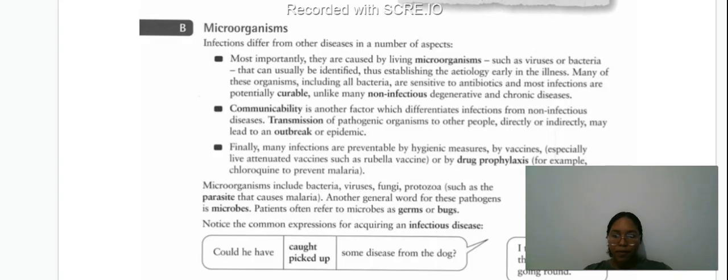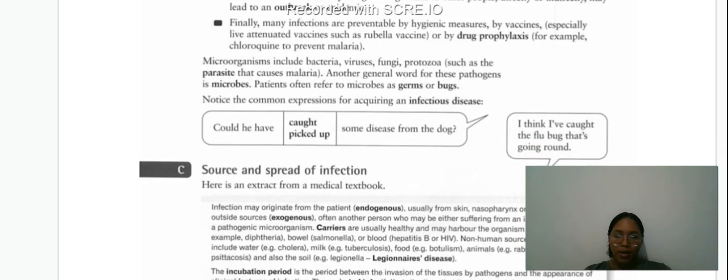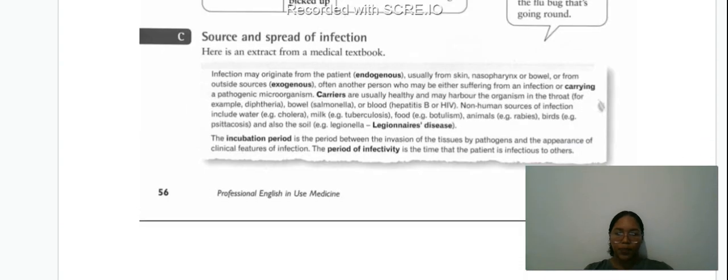Patients often refer to microbes as germs or bugs. Notice the common expressions for acquiring an infectious disease. Could we have caught or picked up some disease from the dog? I think I've caught the flu bug that's going round.